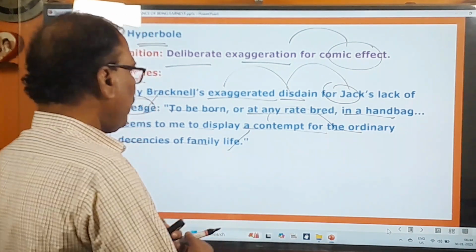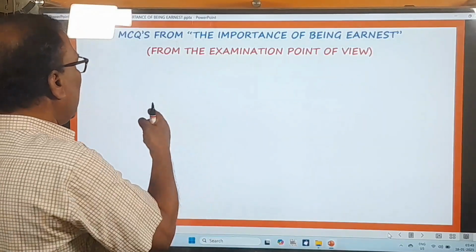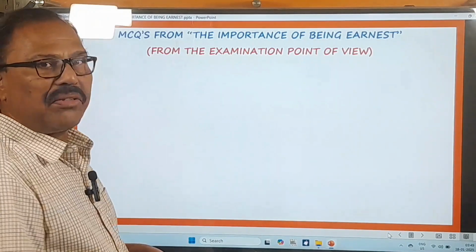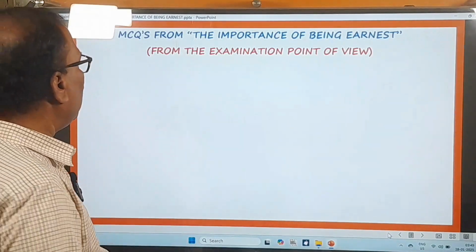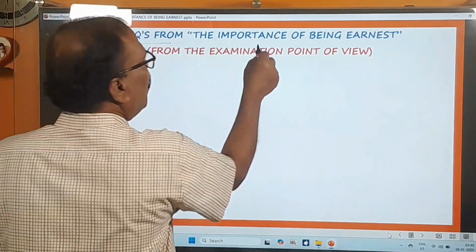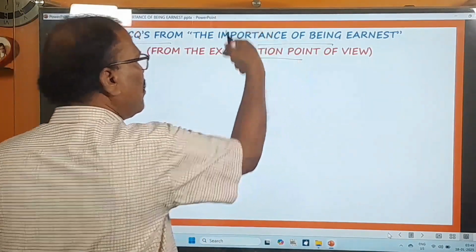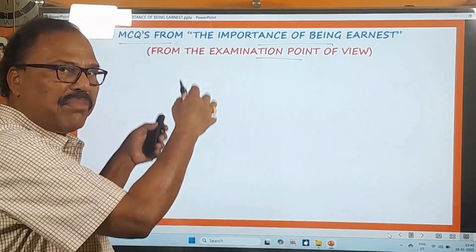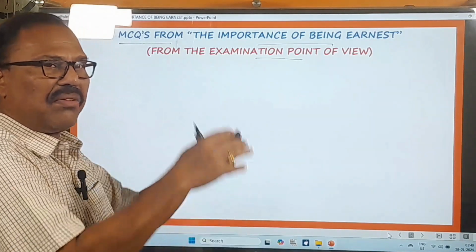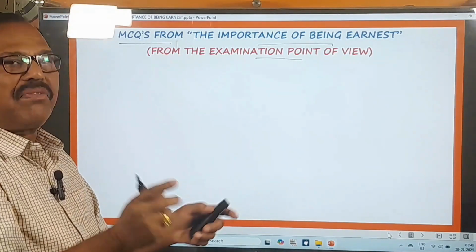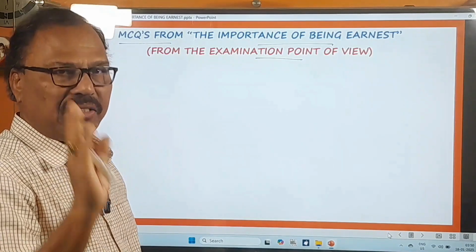Now, let us solve the exercise given on this drama, The Importance of Being Earnest. These are MCQs from The Importance of Being Earnest, especially from the examination point of view. All the questions that I am giving you in this exercise are framed or selected from your examination point of view.